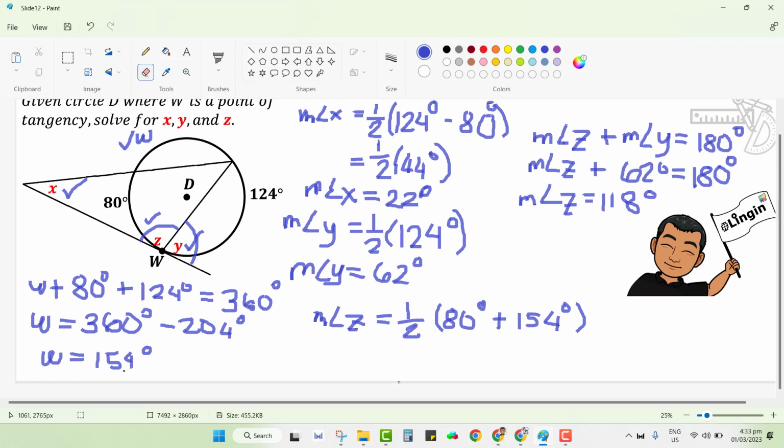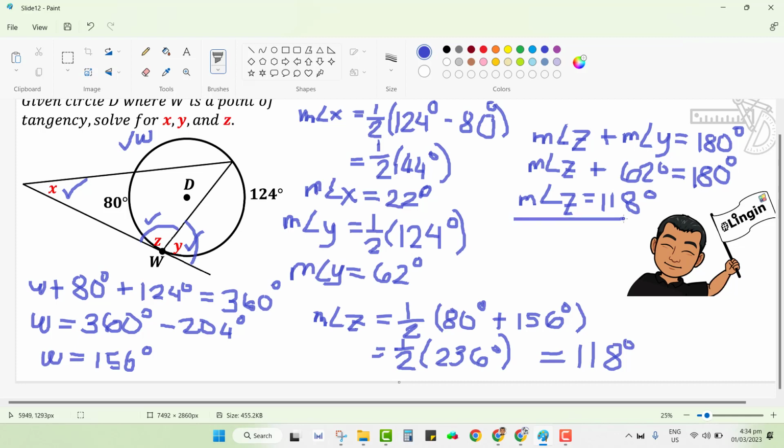Pardon, there is something wrong here. Let me erase this first. It's not 154, it is actually 156. So this should also be 156. So if we continue using the concept of an angle formed by a tangent and a chord, you will have half of 236 degrees, and half of 236 degrees is 118 degrees.